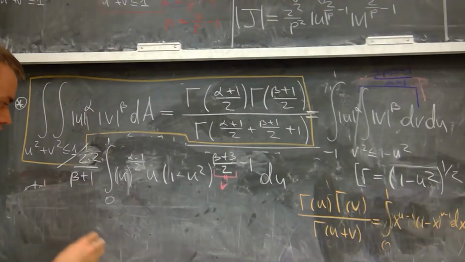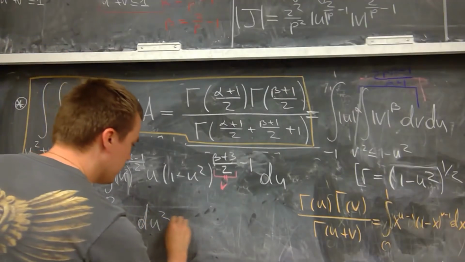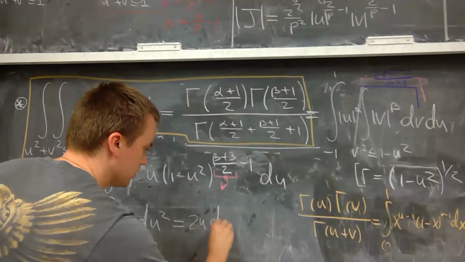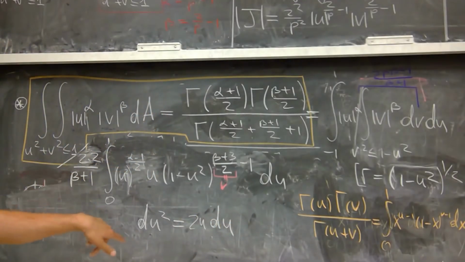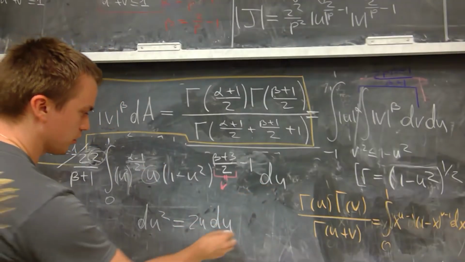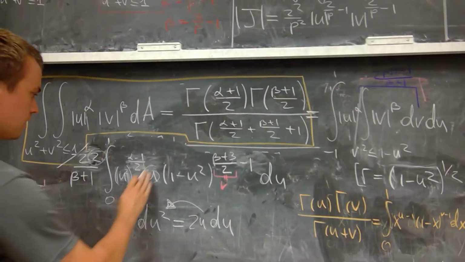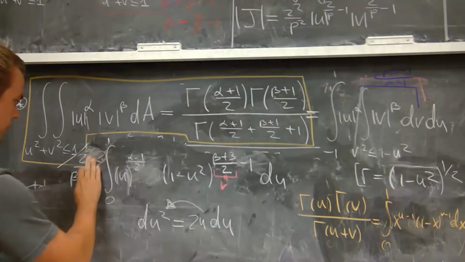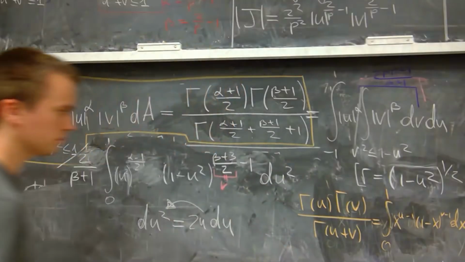One of the properties of differentials that we know is that d(u squared) equals 2u du. I believe I did one of the videos where I prove this property. So I can take this 2 and this u and go backwards, erasing my u and my 2, so I will have d(u squared).